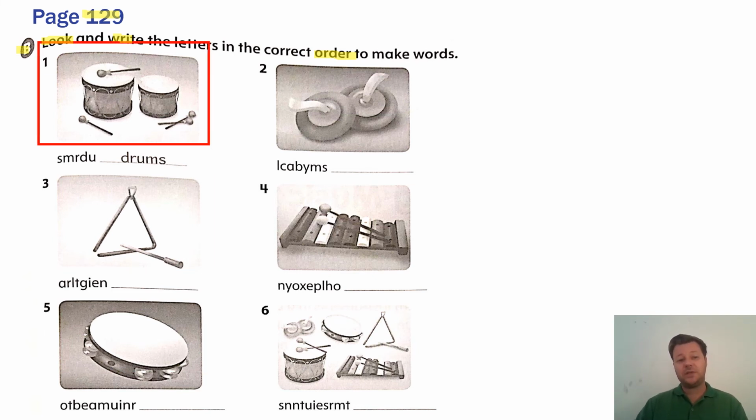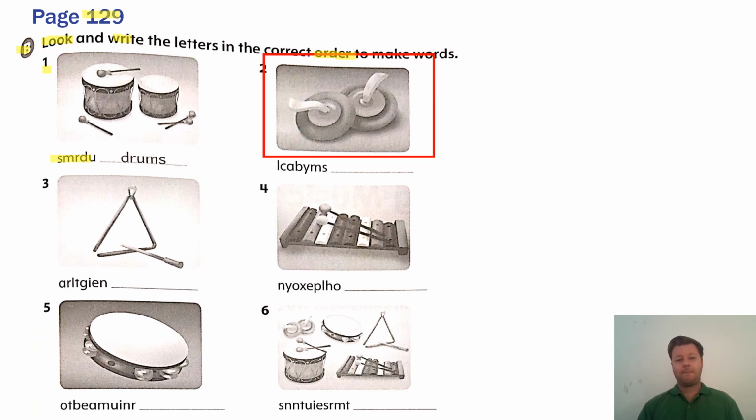So we're going to look at the picture, and we can already see that we have drums. But look at this word. So the word is not in order. So we need to write the word in the correct order. Okay, so we have drums.